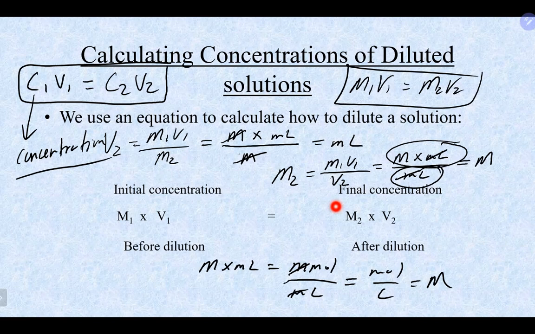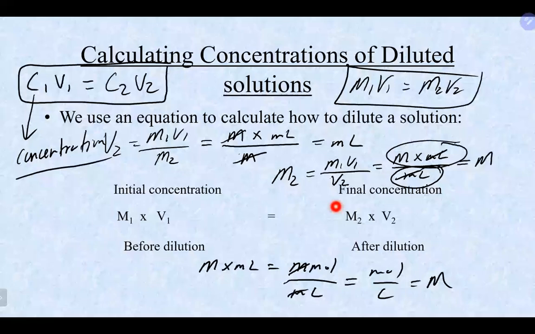So you really could use any type of concentration unit on both sides. Most people will roll with M1V1 equals M2V2, because molarity is the most common unit of concentration used.